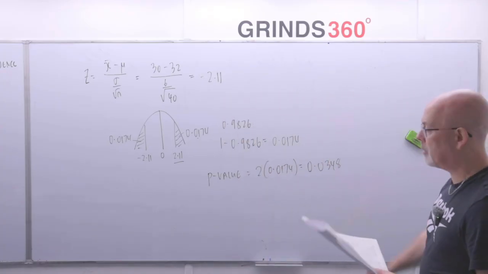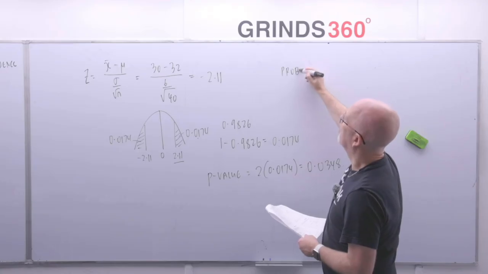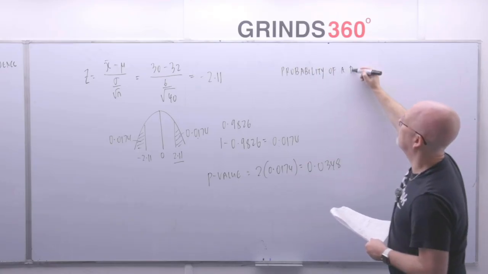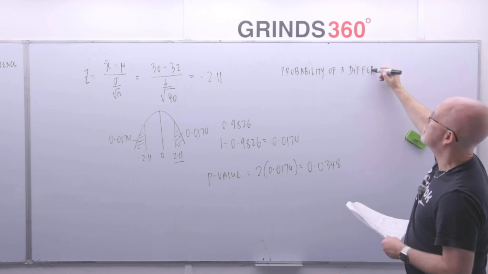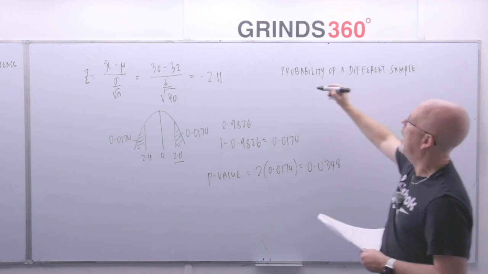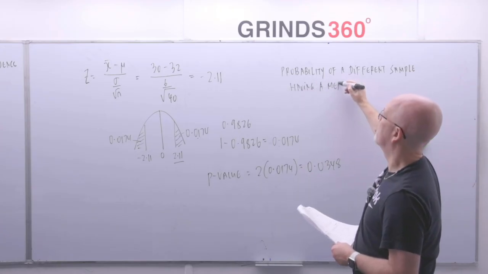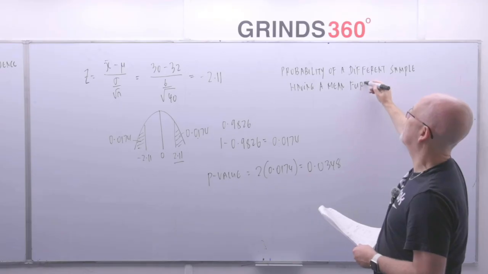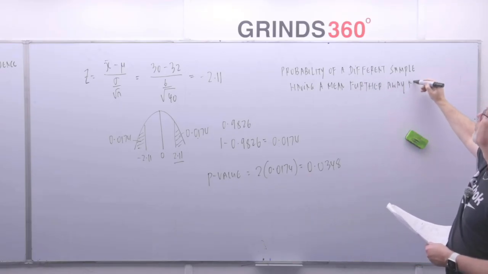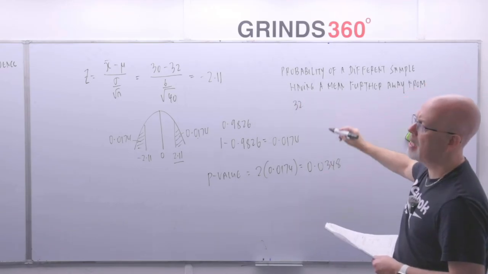And we're asked to comment on what that p-value means. And what that means is the probability, okay, so we mentioned it's a probability of a different sample. So if you went to the population and grabbed a different sample of 40 people, okay, having a mean result, or just a mean, further away from 32, okay, from the 32 that was quoted on the forum, than this group.